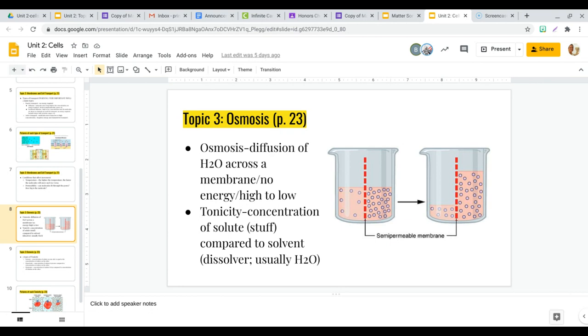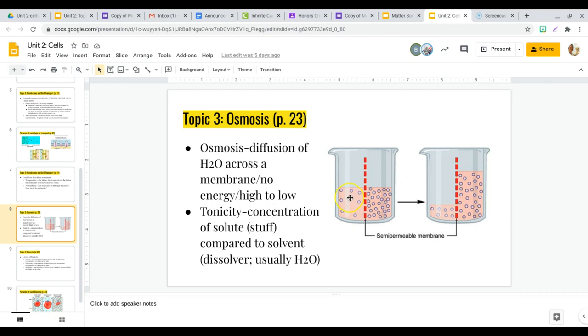No energy required. The only difference is osmosis refers to the diffusion of water molecules across a membrane. There's no energy involved, and it goes from high to low concentration. So if you look right here, I have a beaker, and on one side, you can consider these sugar molecules or salt particles, whatever, and the pink liquid will be the water.